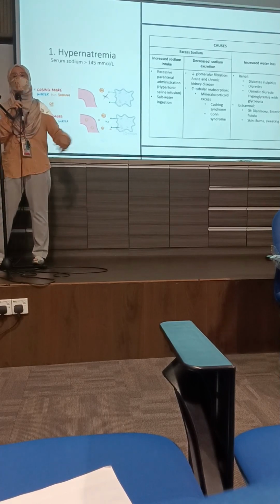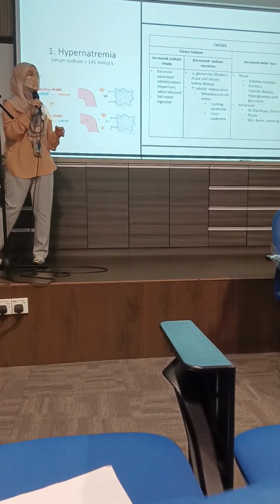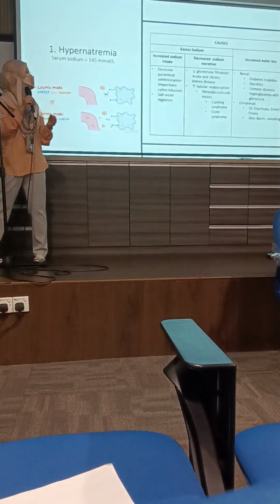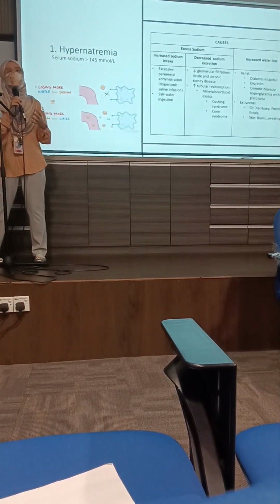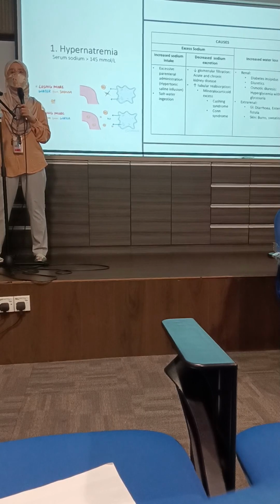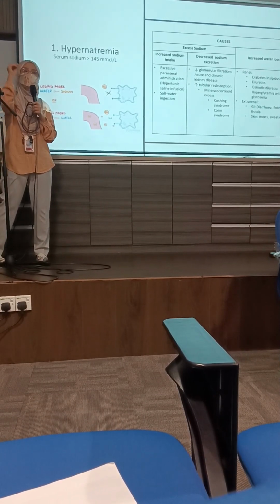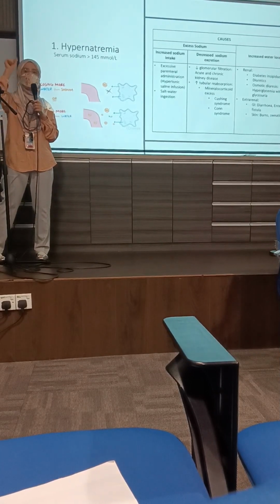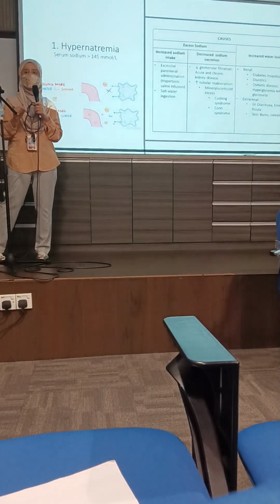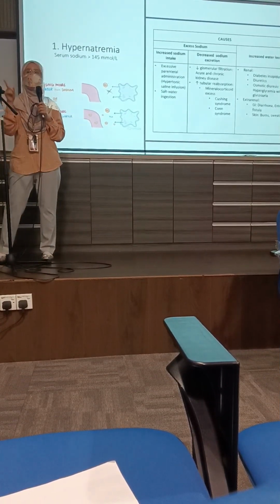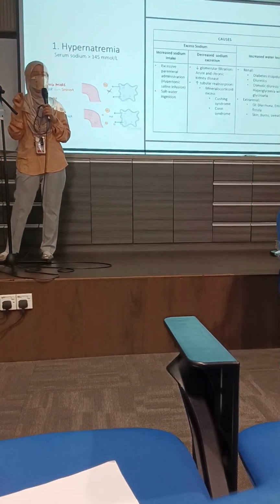So hypernatremia is when the serum sodium is more than 145, meaning there is too much sodium. What are the causes of high serum sodium? It can be because of excess sodium itself, or because of too little water. Those are the two causes. So, excess sodium: when?